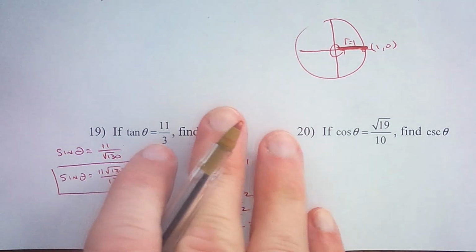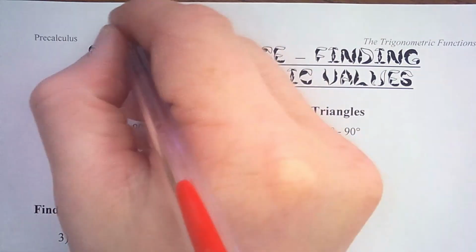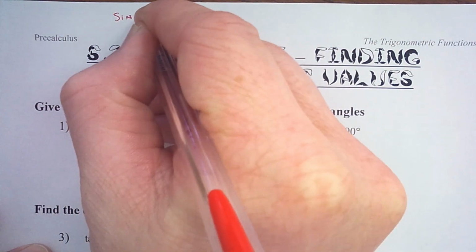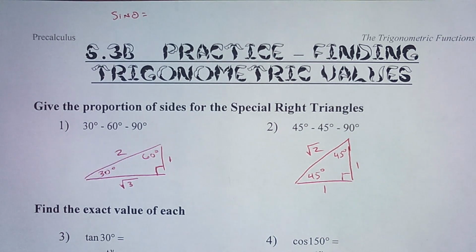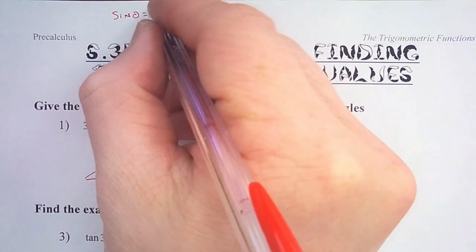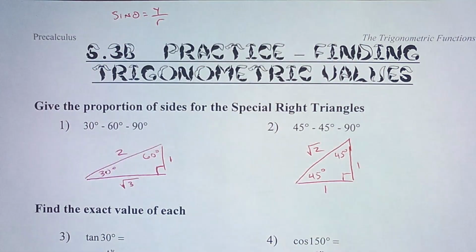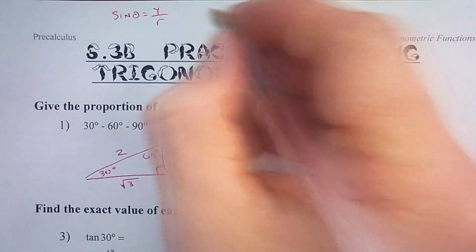Okay, now something important to learn is that we know sine theta is opposite over hypotenuse, but we need to remember that in a circle, opposite comes from the y value, hypotenuse comes from the radius.